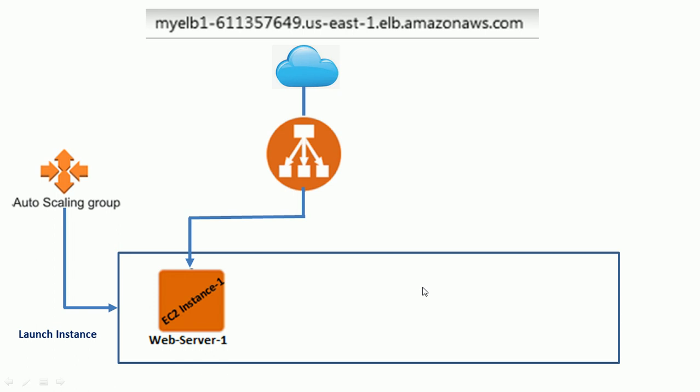Let us say, for example, I have the load balancer here. The auto scaling group starts with one instance only, and by using this URL I can access this web server. My scenario requires that when the load increases, the auto scaling group automatically launches multiple instances depending upon my load.